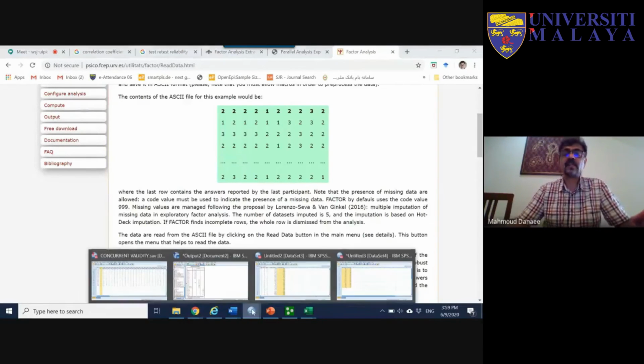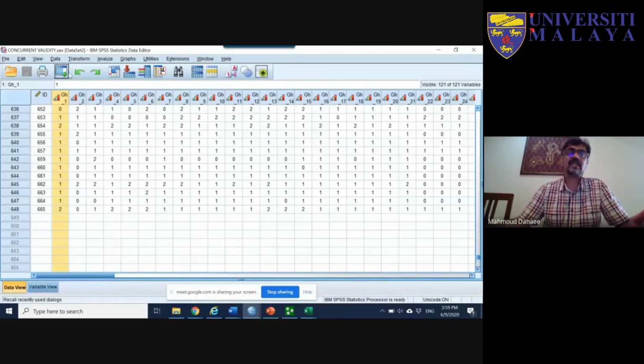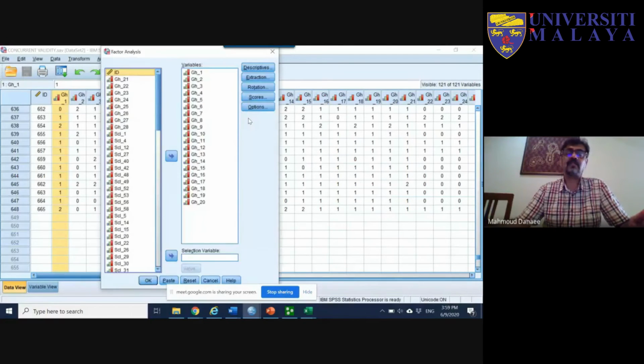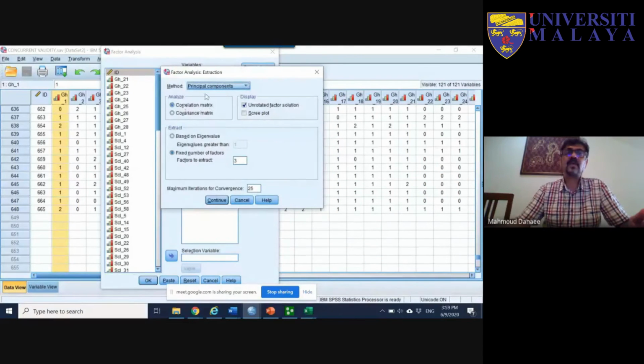This is because of the nature of the correlation: factor analysis in SPSS is based on the Pearson correlation coefficient. As you know, the Pearson correlation coefficient is a quantitative method of measuring the relationship between two quantitative variables.